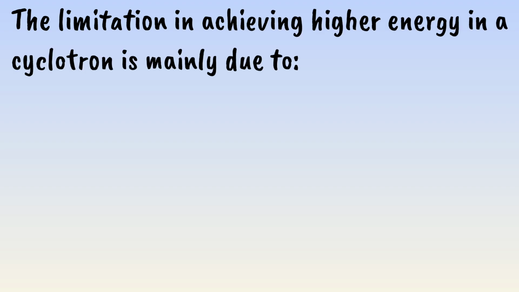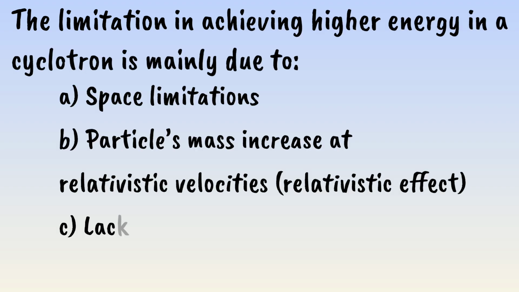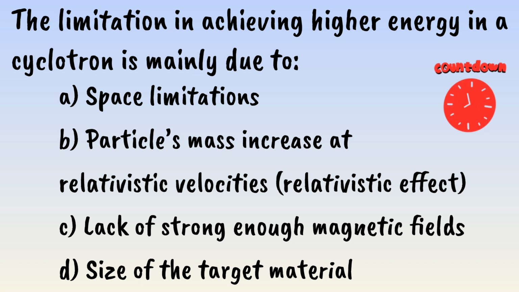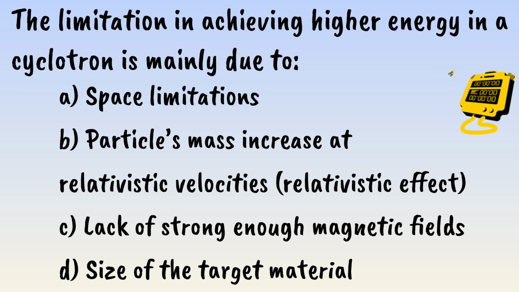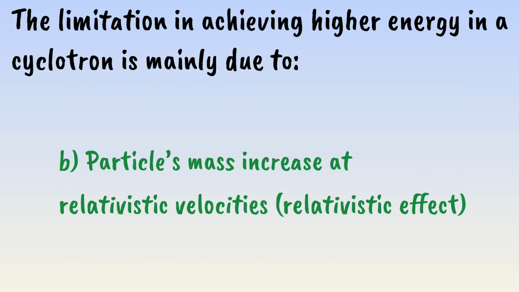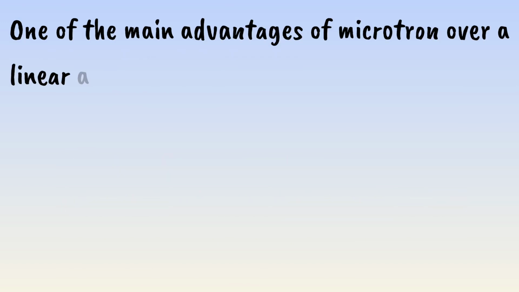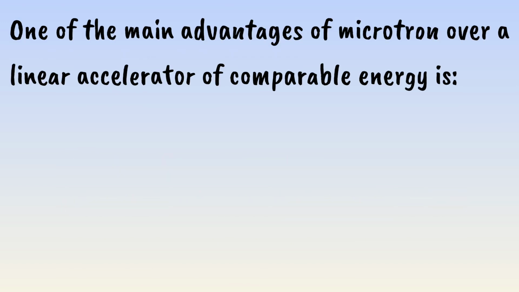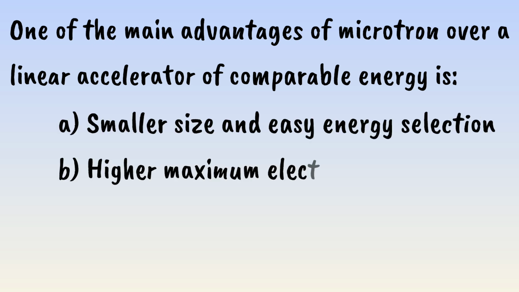The limitation in achieving higher energy in a cyclotron is mainly due to. One of the main advantages of microtron over a linear accelerator of comparable energy is.